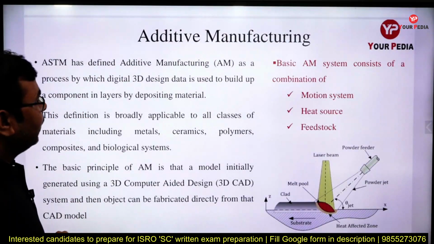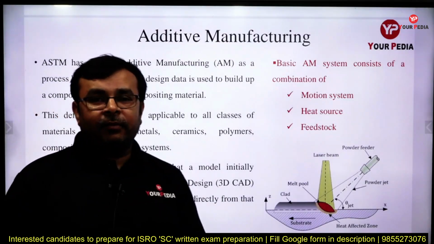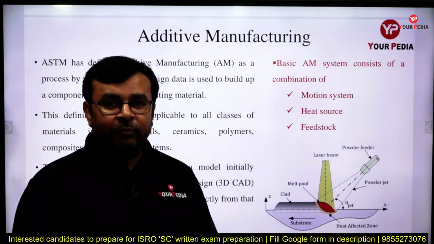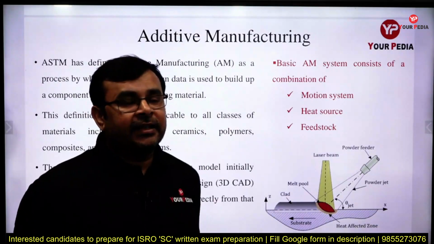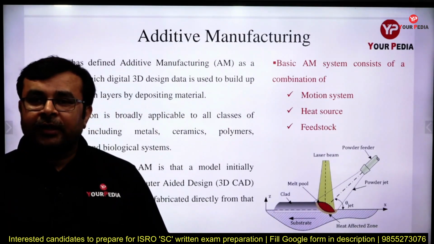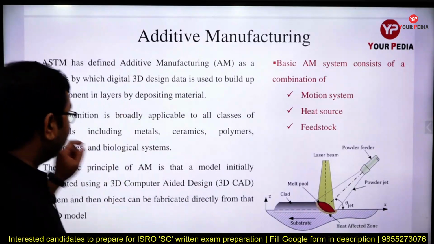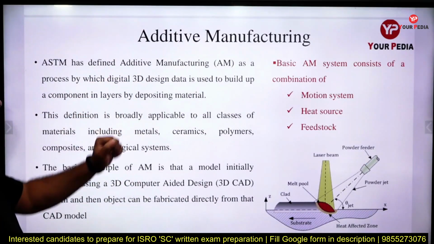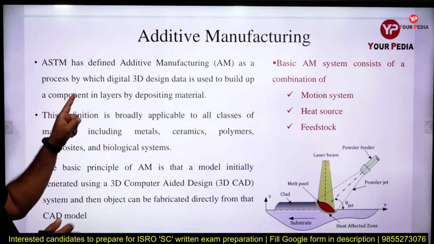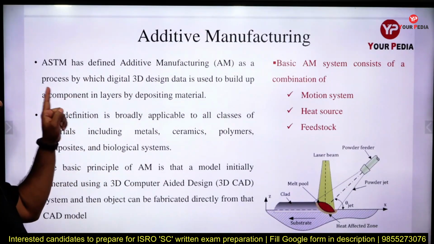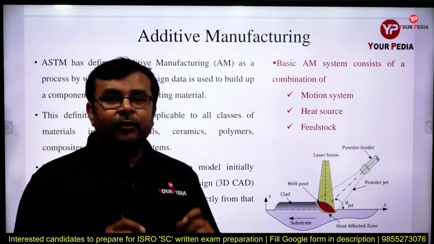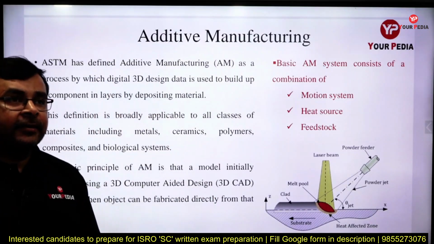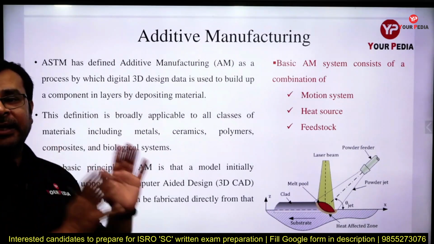First, how to define the additive manufacturing process. Here I am going to define it on the basis of the definition given by ASTM, the American Standard for Testing of Materials. According to the ASTM standard, additive manufacturing is defined as a process by which digital 3D design data is used to build up a component by layer deposition.